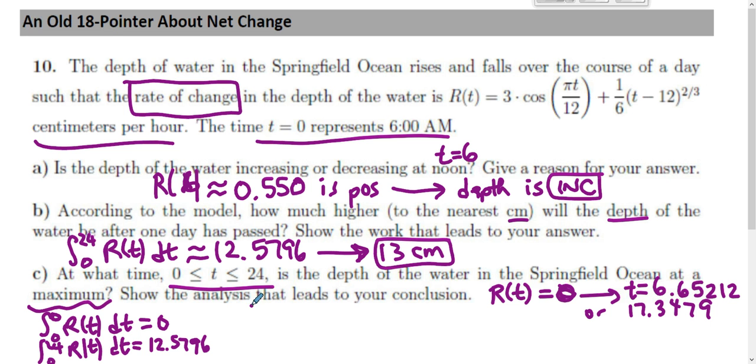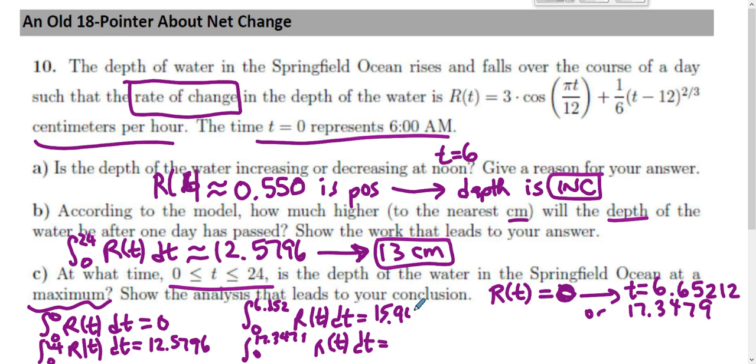So we figure out the integral from 0 to 6.652, and we figure out the integral from 0 to 17.3479. And it turns out that this one is almost 16, and this one is very not.